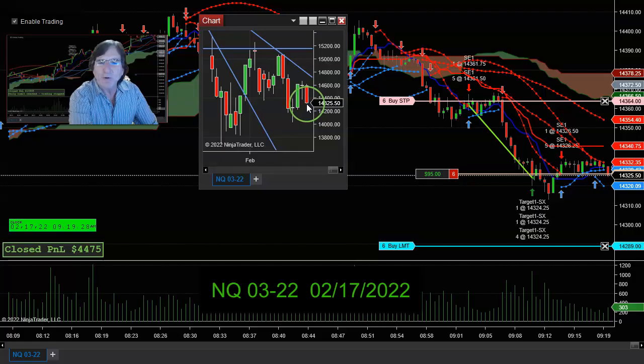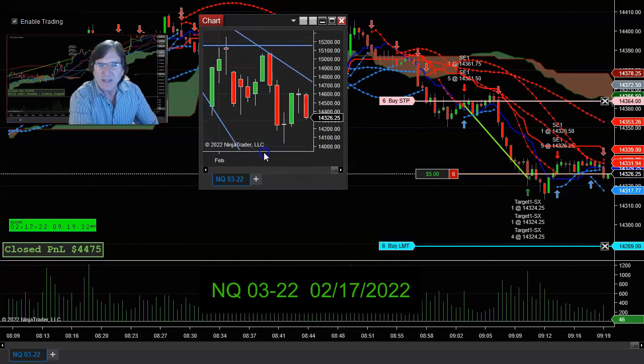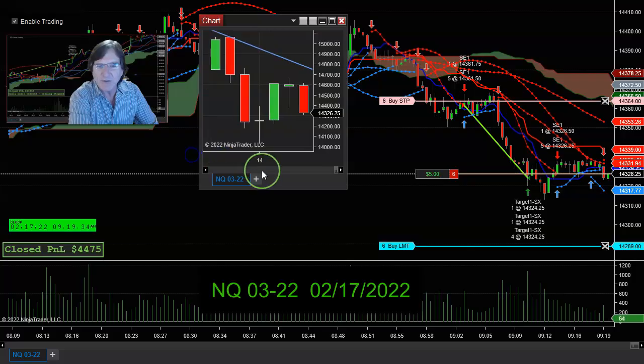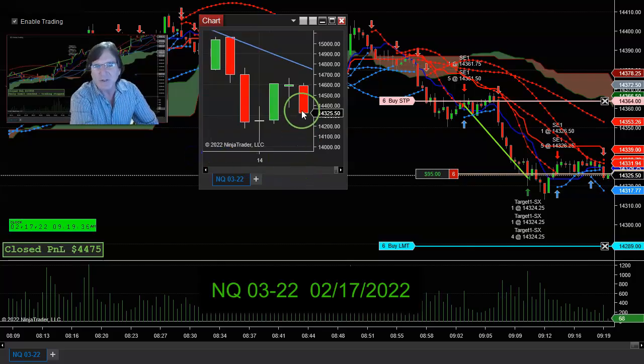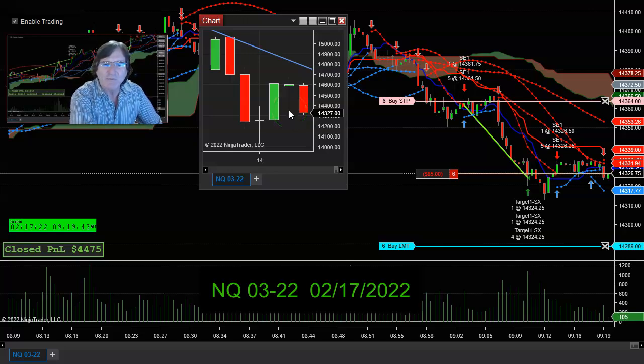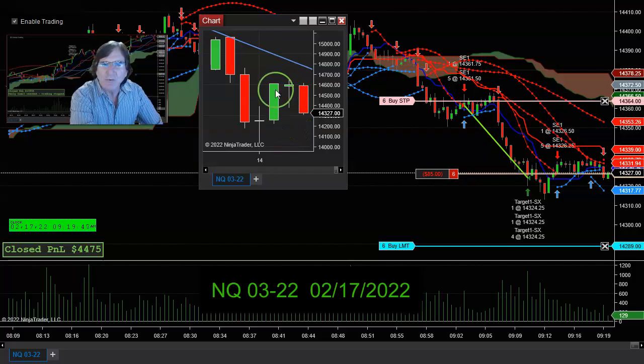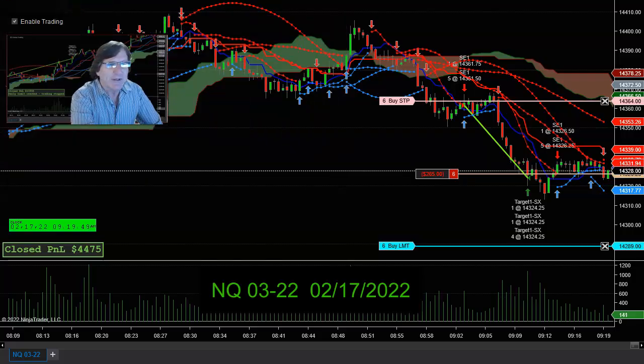Okay, so price is right here right now. Let's make it a little bigger so we can just look at today. So this is today. We've already dropped below yesterday's low, and that's where we are right now. So just a reference for the daily candlestick.